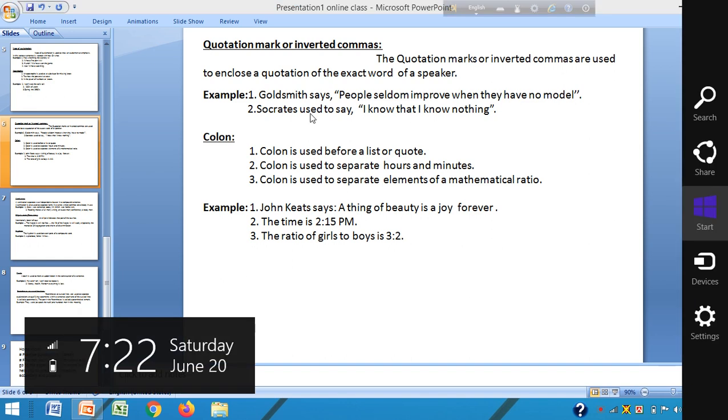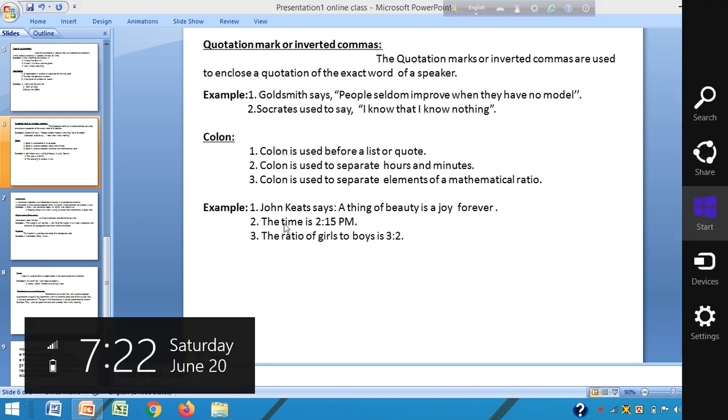Colon. A colon is used before a list or quote. A colon is also used to separate hours from minutes. A colon is used to separate the elements of a mathematical ratio.